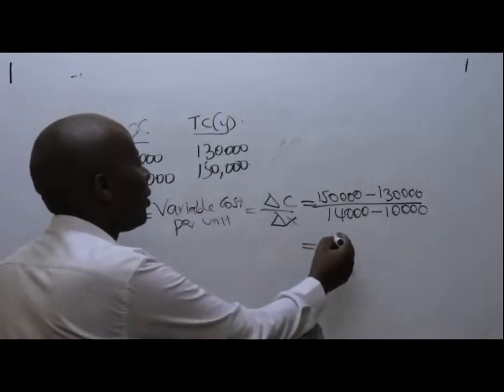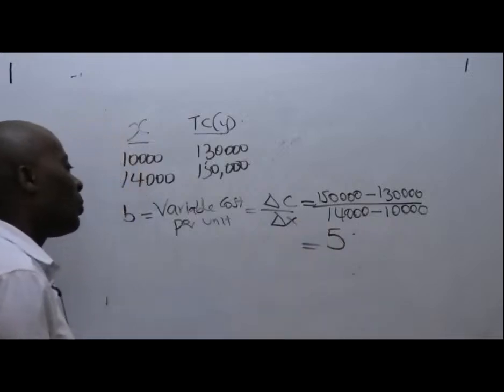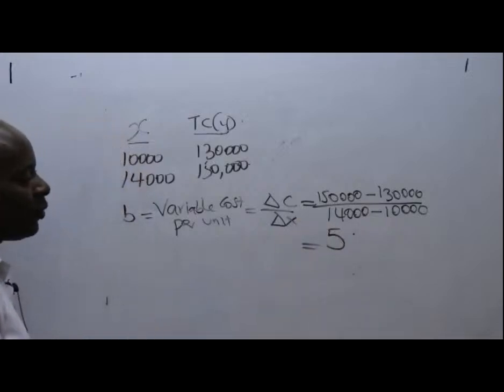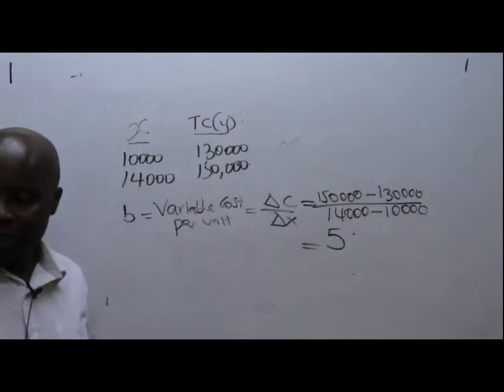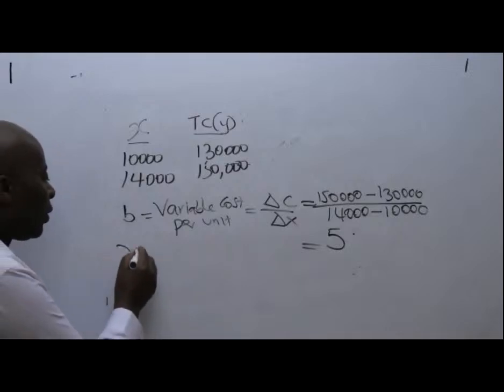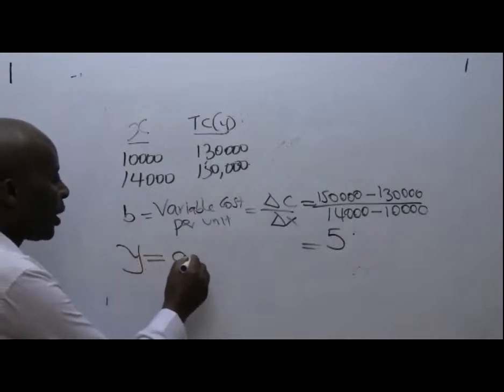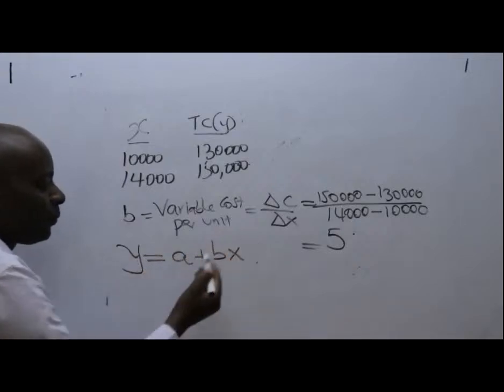So once I get variable cost per unit as 5, the next thing is to get the fixed cost, which is A. Remember, our straight line equation is y equals A plus bx.